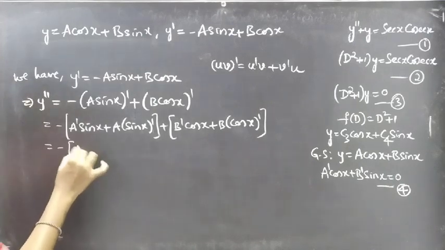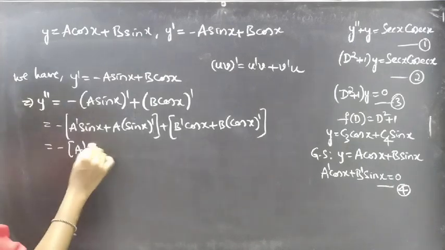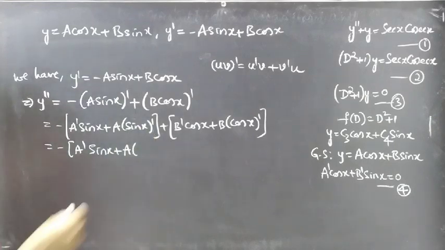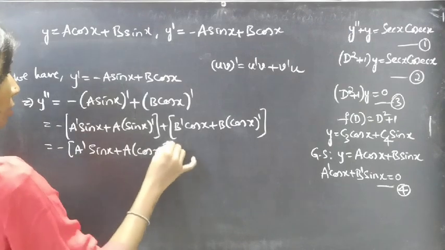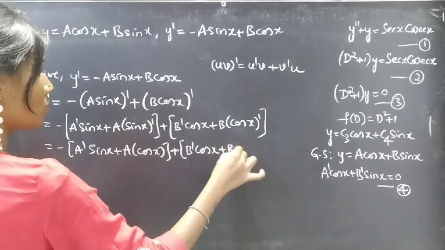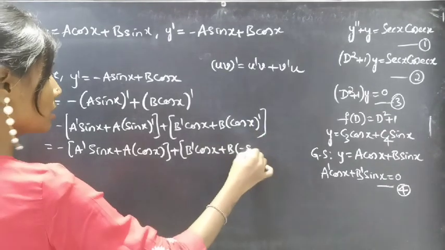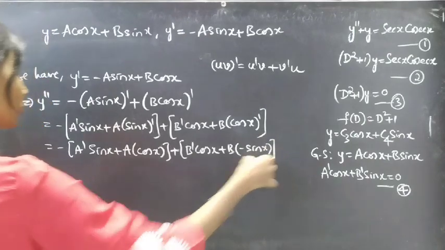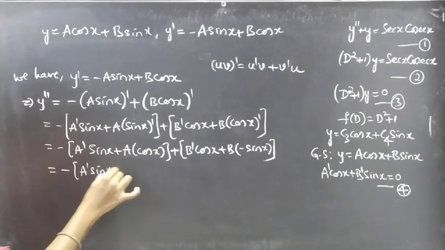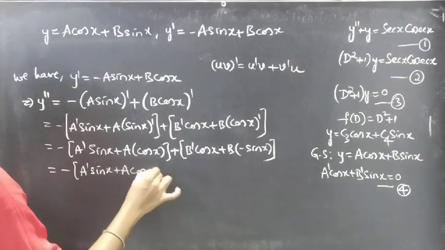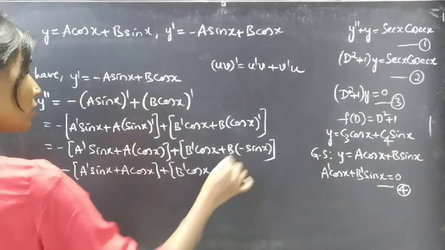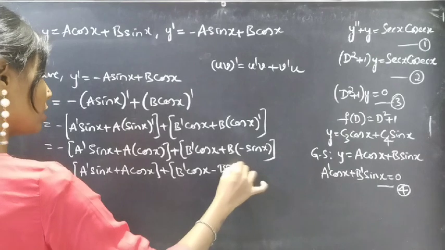This gives us a dash sin x plus a into the derivative of sin x with respect to x, which is cos x, plus b dash cos x plus b into the derivative of cos x with respect to x, which is minus sin x, which gives us minus of a dash sin x plus a cos x plus b dash cos x plus b into minus sin x.